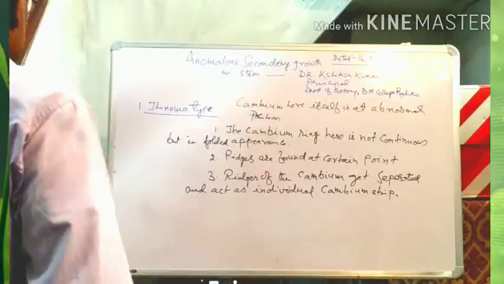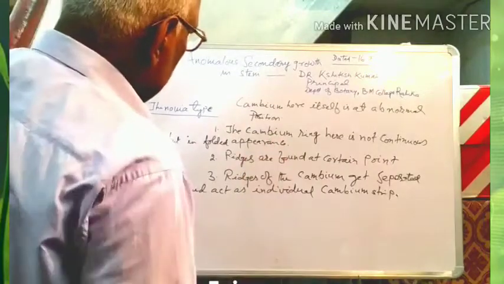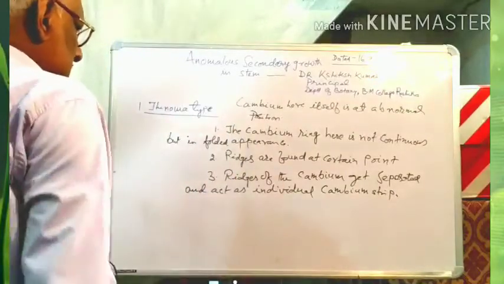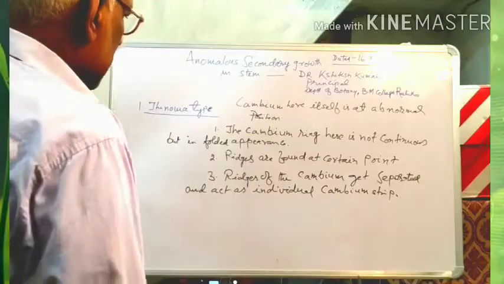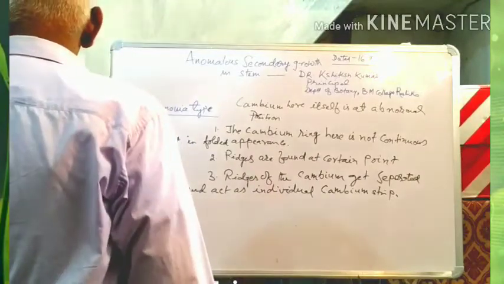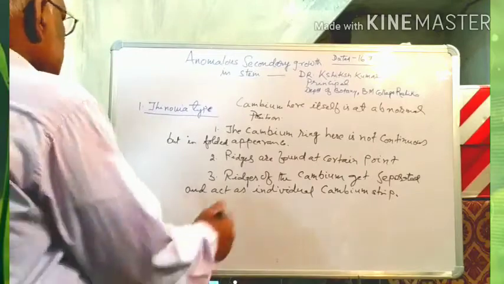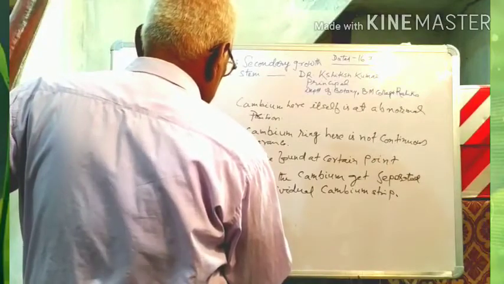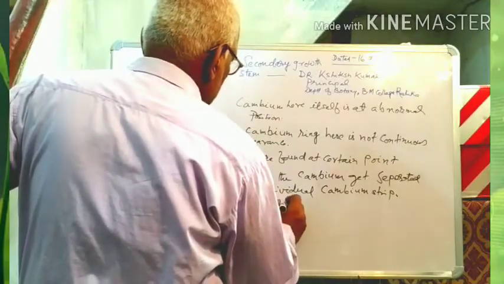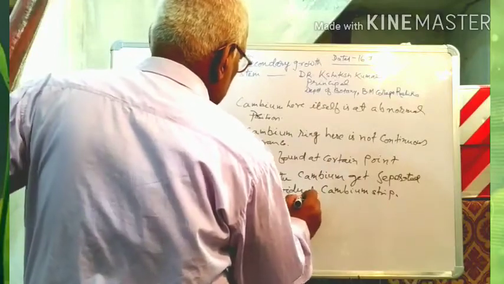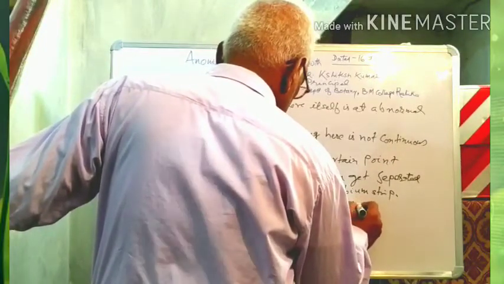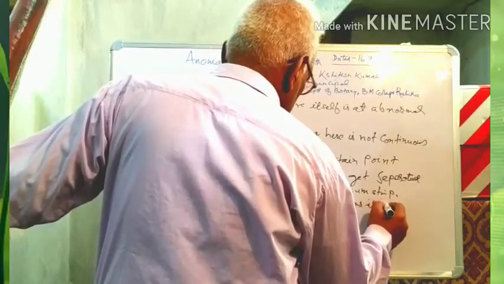So these ridges which are formed afterward get separated and act as individual cambium strips, and each separated strip forms its own stele.